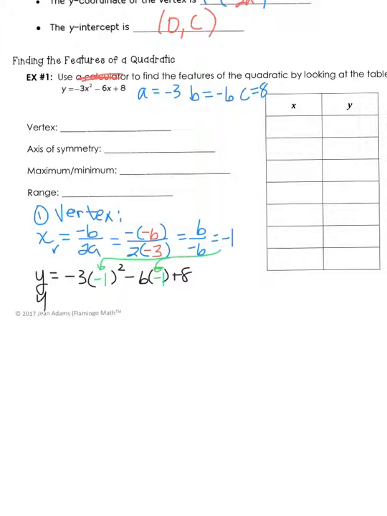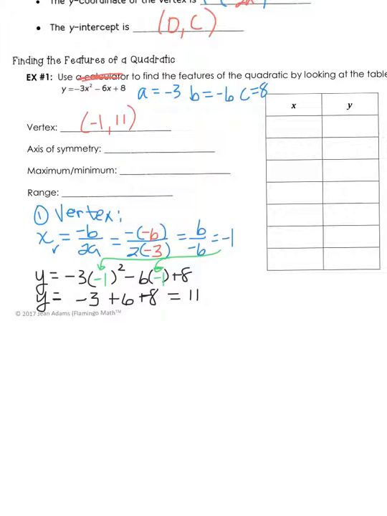So we get y equals -1 squared is 1 times -3 is -3. -6 times -1 is +6, plus 8. 6 plus 8 is 14, minus the 3 is 11. So our vertex is (-1, 11).